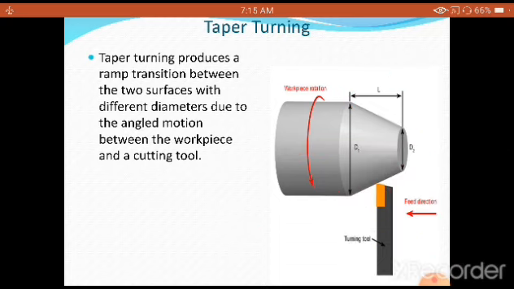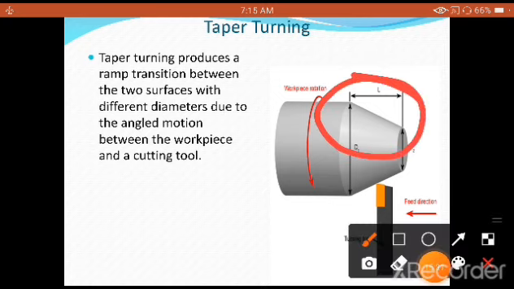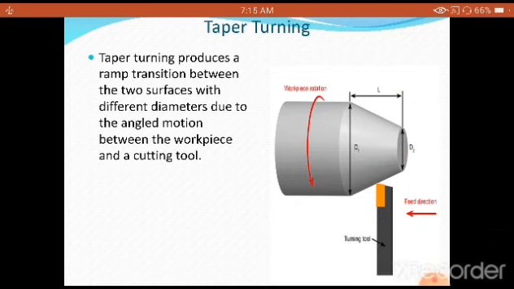What is the main objective of taper turning? It reduces from larger diameter to smaller diameter, but the surface has a certain type of slope, which you can see on the screen. Such an operation we call taper turning.